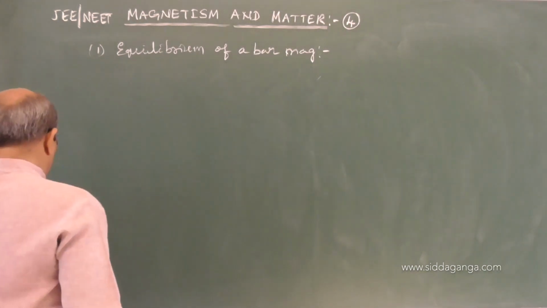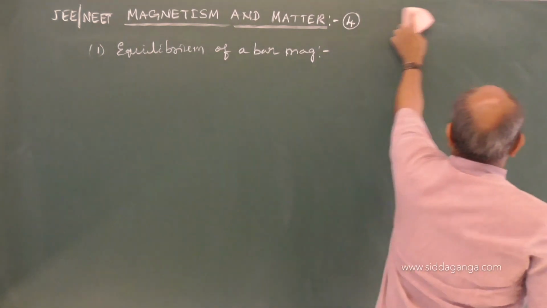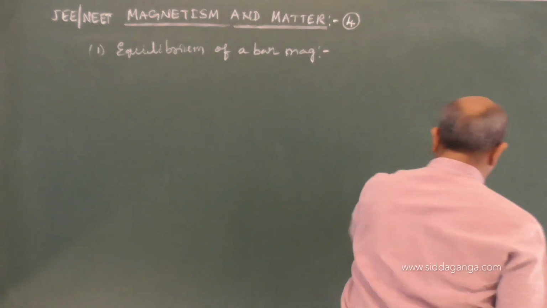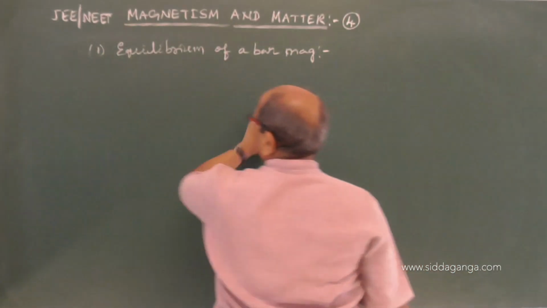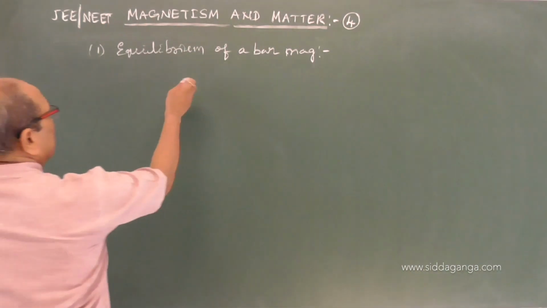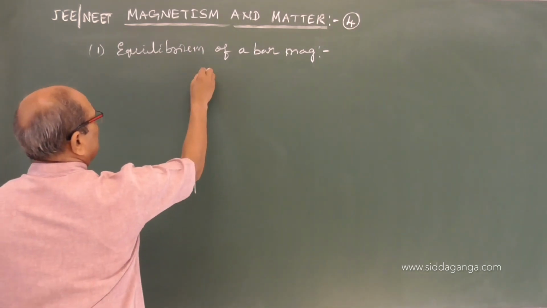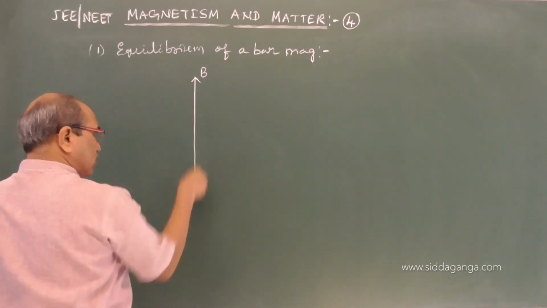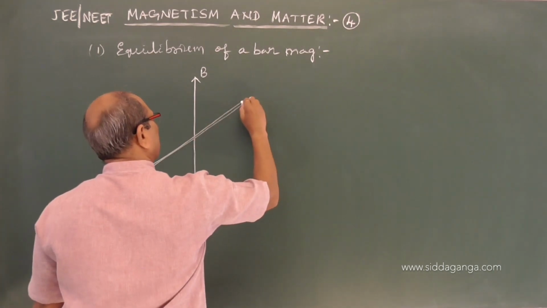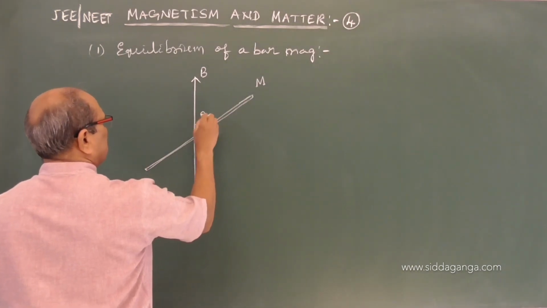And another case, so a magnet can stand freely under the action of this field at this position, but I can make it stand at some position if its moment is bent through an angle theta.